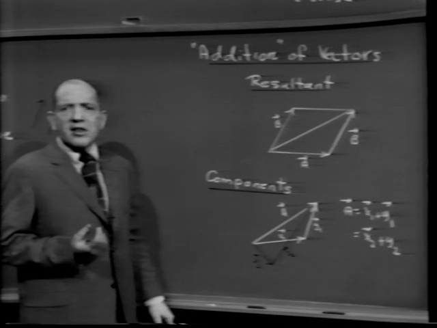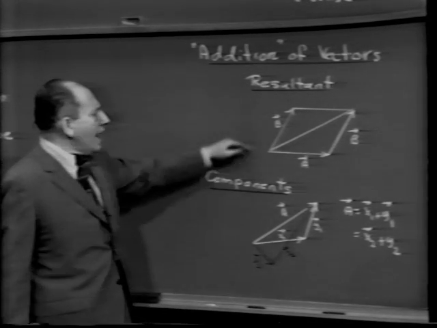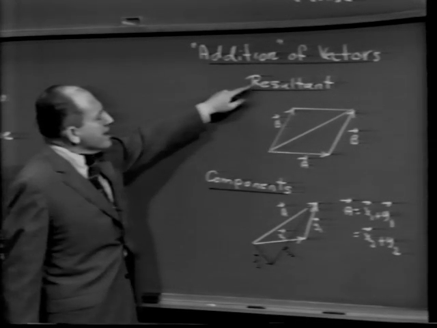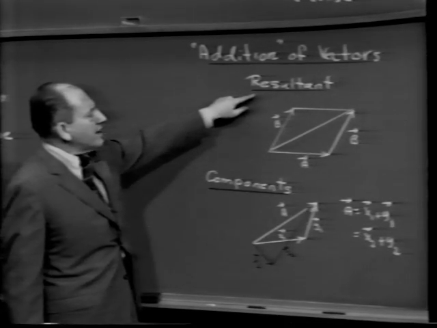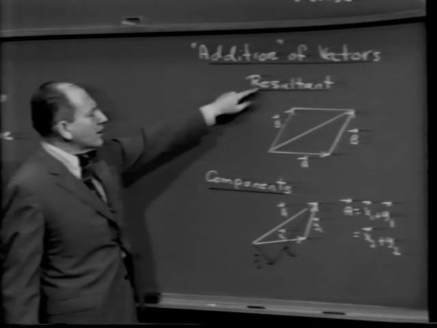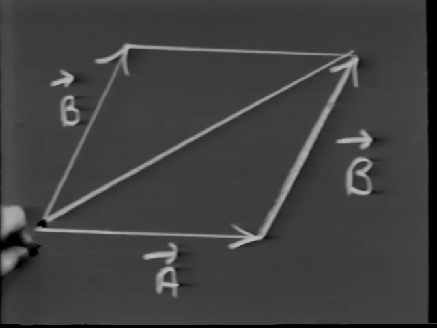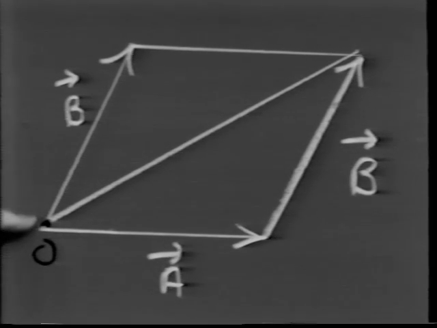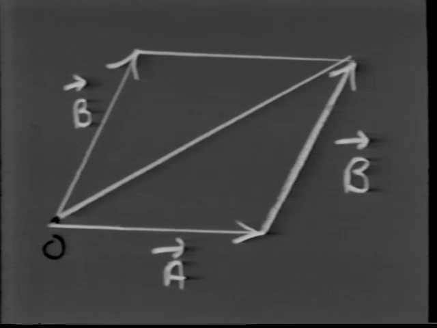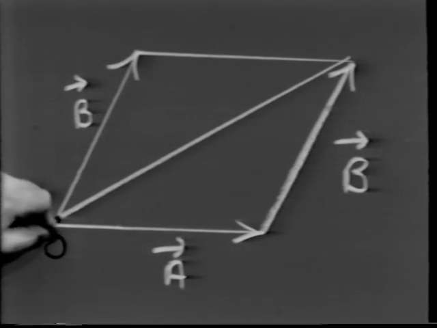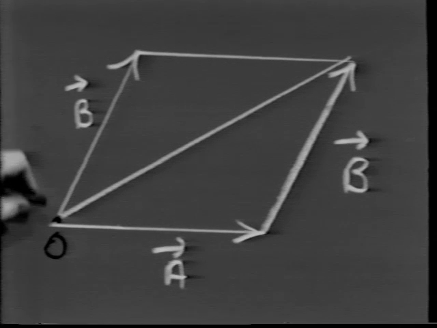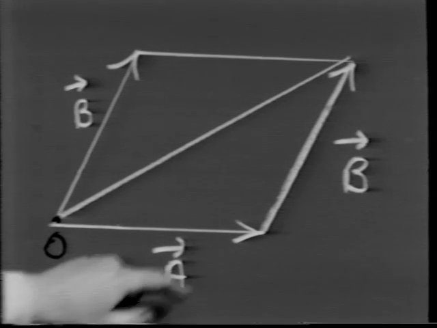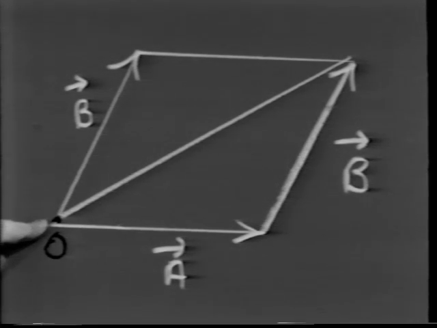But since our aim is to solve problems of the real world, why not pick a definition that has already been used in physics and in other applications, the thing called the resultant? For example, given a point O and two forces represented as arrows A and B acting at O, we have agreed, or you may recall, that the resultant force is the vector that forms the diagonal of the parallelogram which has A and B as consecutive edges.